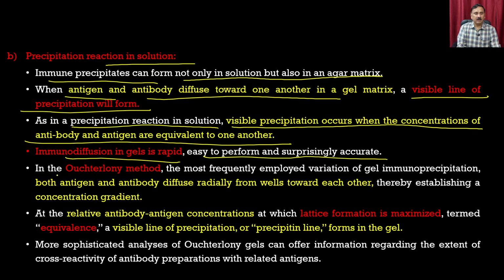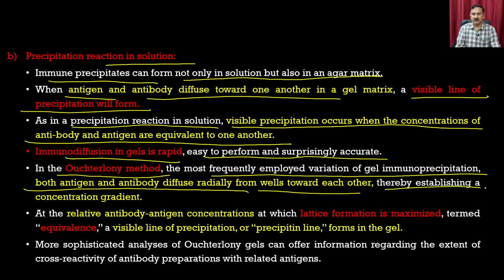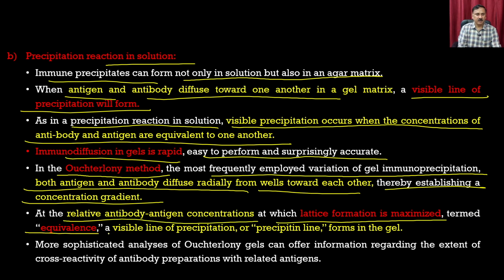In the Ouchterlony method, the most frequently employed variation of gel immunoprecipitation, both antigen and antibody diffuse readily from the wells toward each other, thereby establishing a concentration gradient. At the relative antibody and antigen concentrations at which lattice formation is maximum, which turns out to be equivalence, a visible line of precipitation, the precipitant line, forms in the gel, right?